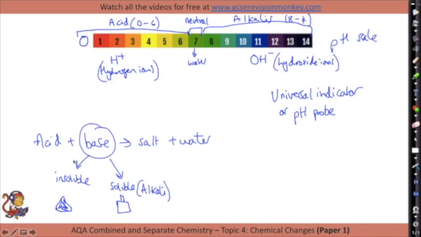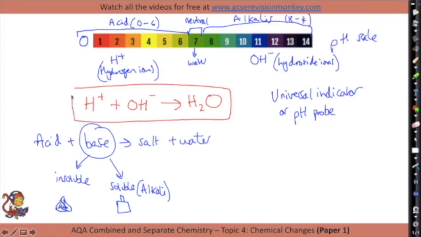Now with the neutralization reaction, you're taking an acid and reacting it with a base to make a salt plus water. So if an acid with hydrogen ions reacts with an alkali with hydroxide ions, you can see that the result of those two reacting is going to make water, and also you'll make a salt in the reaction as well. But this is the ionic equation for neutralization.